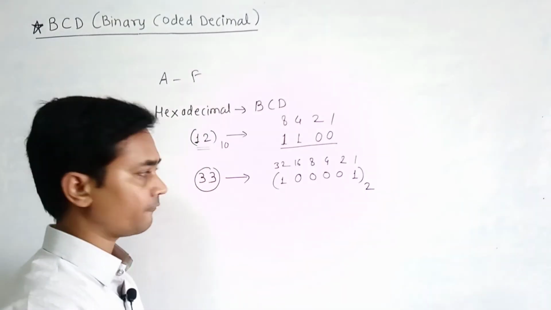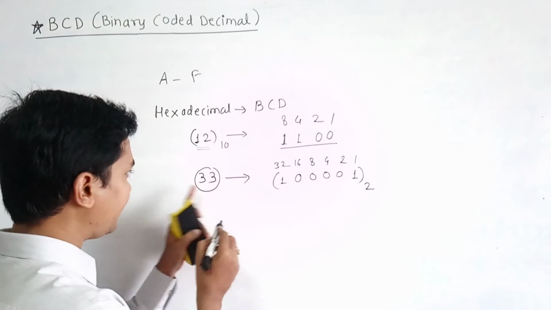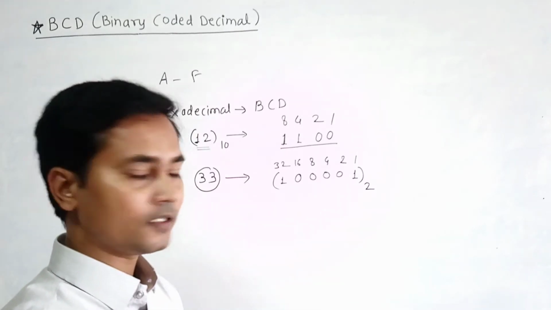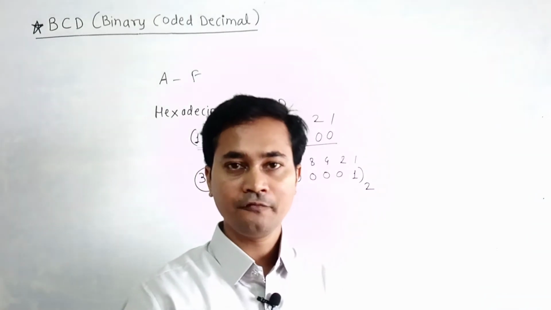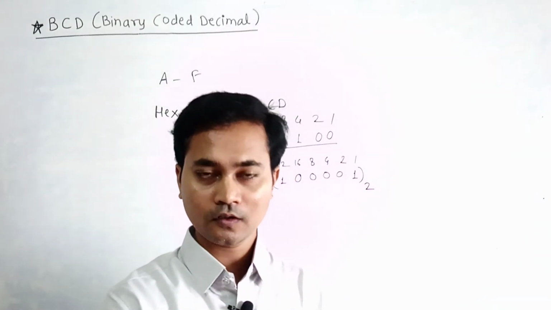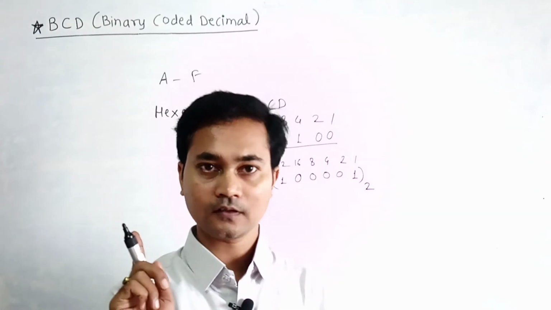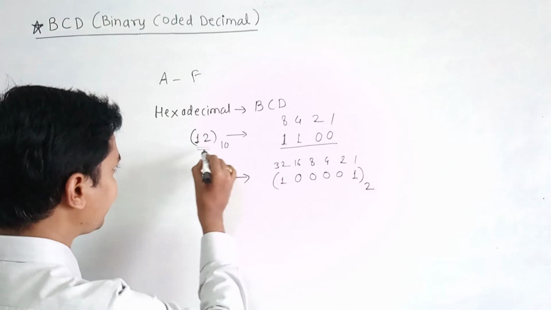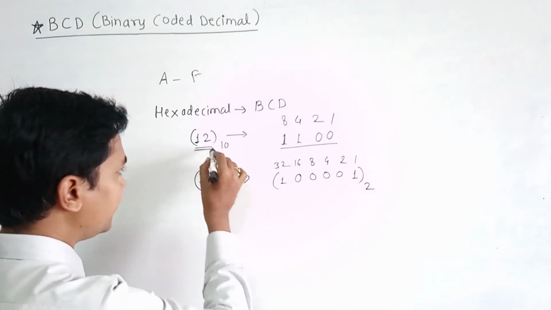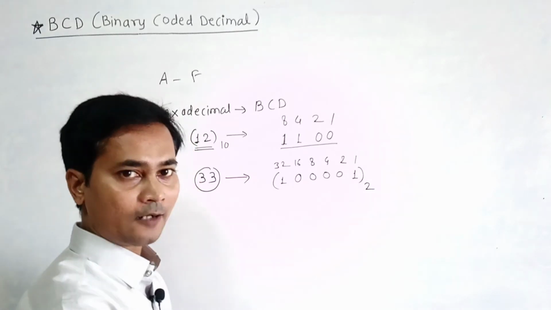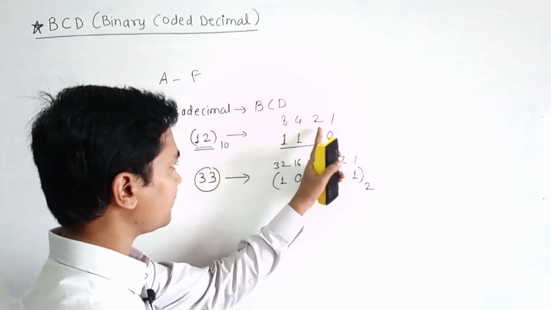But if you want to represent the same decimal value in the BCD number system, the method is very simple. We take the binary 8421 code of the individual digits of the decimal number. Consider that I want to represent the value 12 in BCD format. It is straightforward. You don't have to calculate any summation.